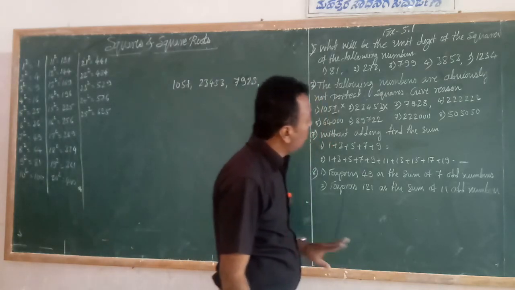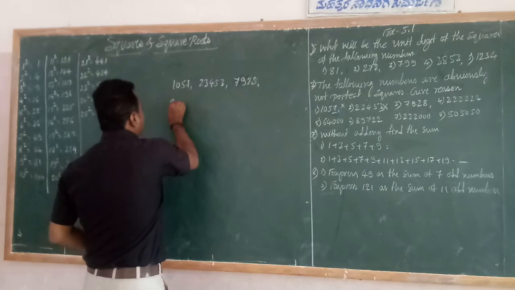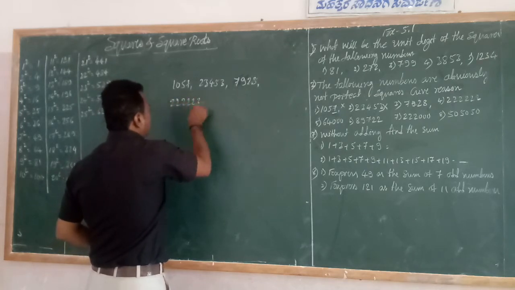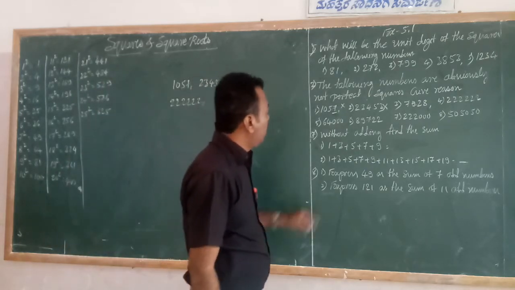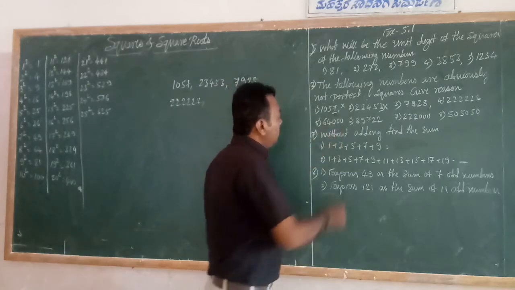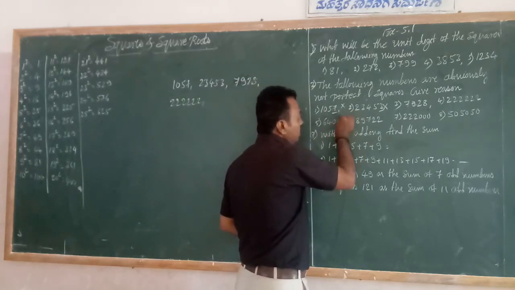And the fourth one, 222, is also not a perfect square number. And 64300. Yes, it is a perfect square number because the last digit is 0. And 89722. It is not a perfect square number because the last digit is 2. And then 322000. The ending digit is 0.